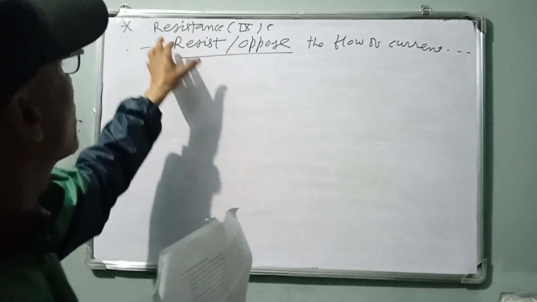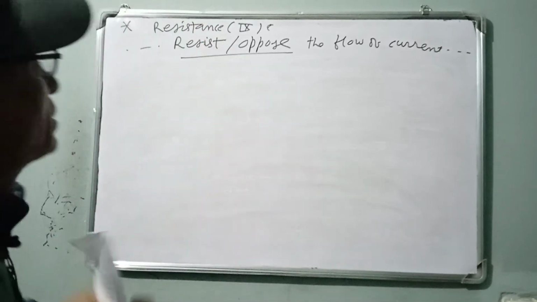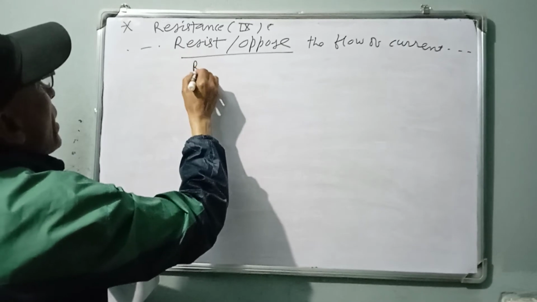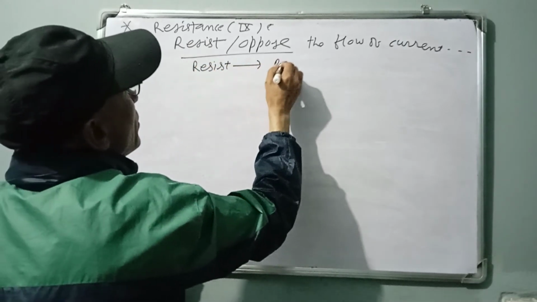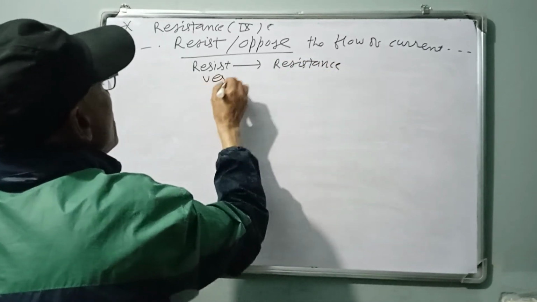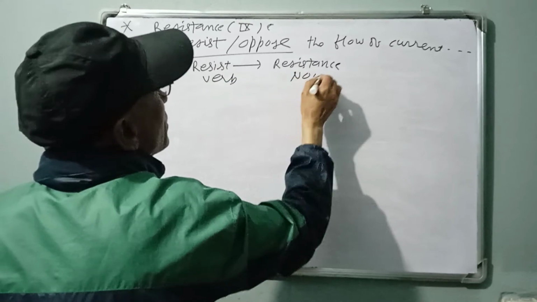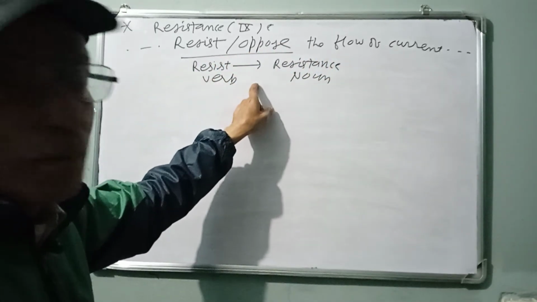यसलाई स्मार्ट स्टडी गरेर. The word resistance is derived from the verb resist. Resist is a verb and resistance is a noun. Resist means oppose, to stop the flow of current.